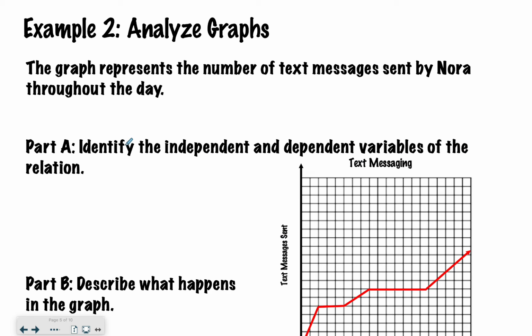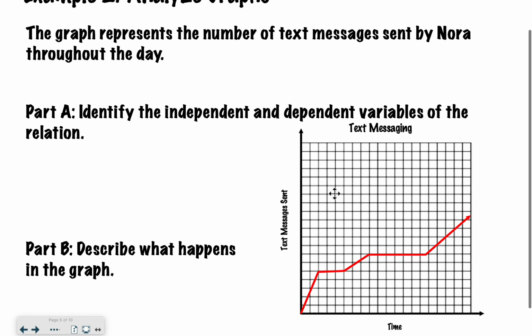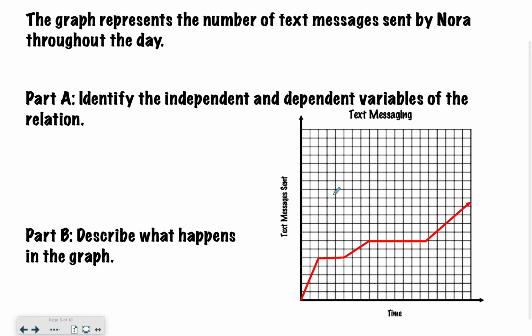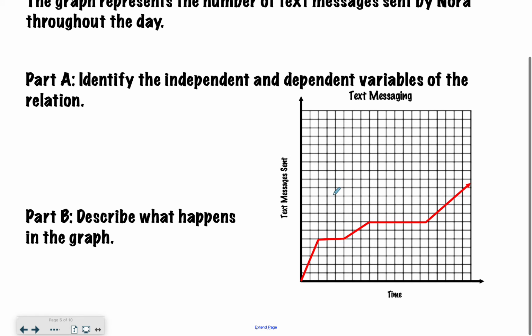All right, now let's look at analyzing a graph. So this graph represents the number of text messages sent by Nora throughout the day. So part A, we want to identify the independent and dependent variables of the relation. So independent, in case you don't remember from last year, is the x value, and dependent variables are our y variables.